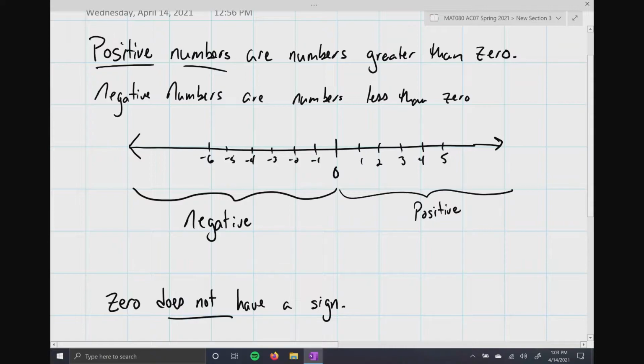So 0 is just 0. It's neither positive nor negative.